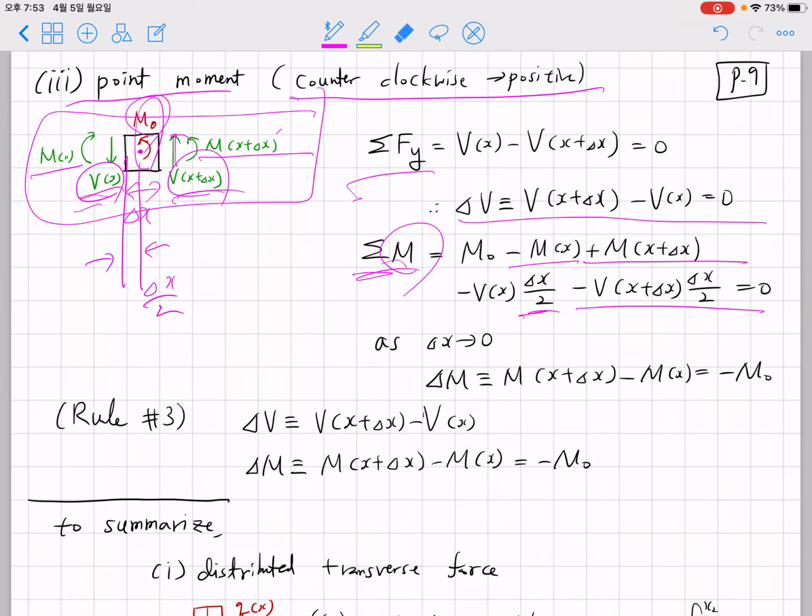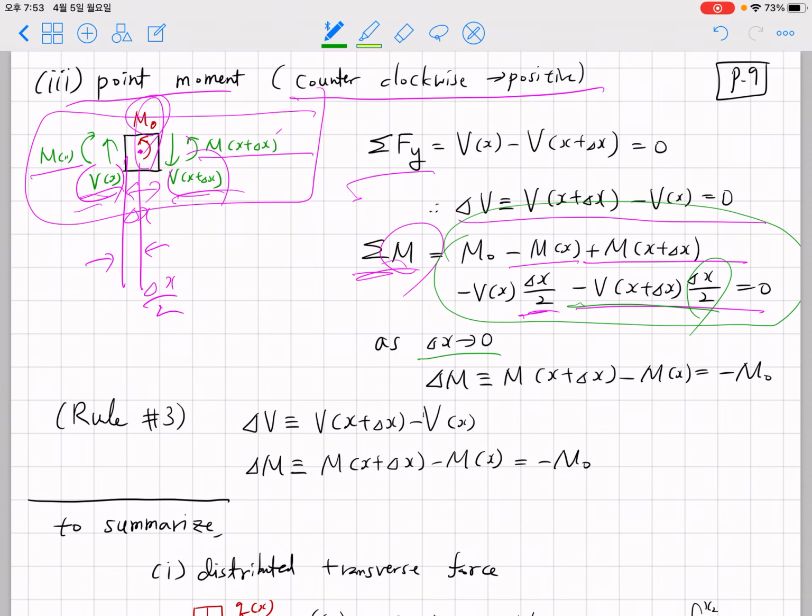I think I made a mistake here. It must be upward. So you have a clockwise, which is negative, V(x+Δx) multiplied by distance Δx over 2, and it must sum up to be 0.